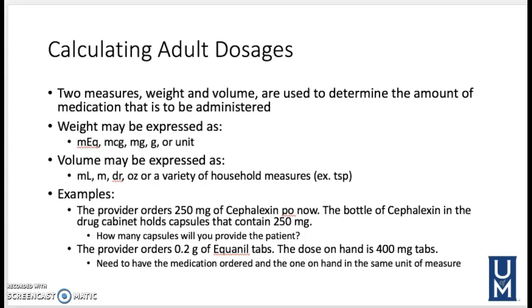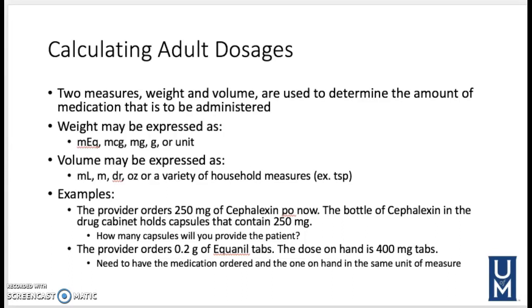So we go and find a bottle of cephalexin in the drug cabinet, and it holds capsules that contain 250 milligrams. So how many capsules will we provide the patient? In this instance, we're just going to provide the patient one capsule, right? The order was for 250 milligrams, and the capsules we found have 250 milligrams, so we're going to give that patient one capsule.